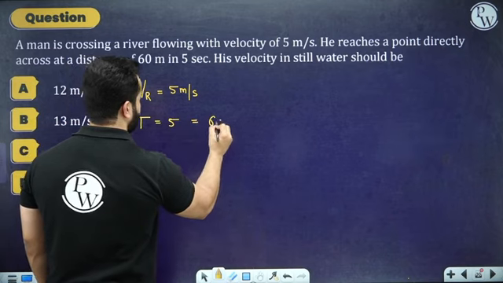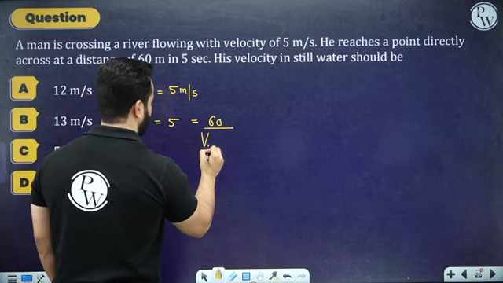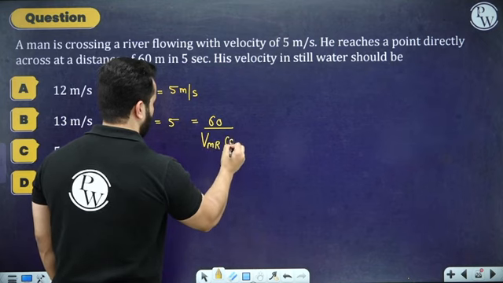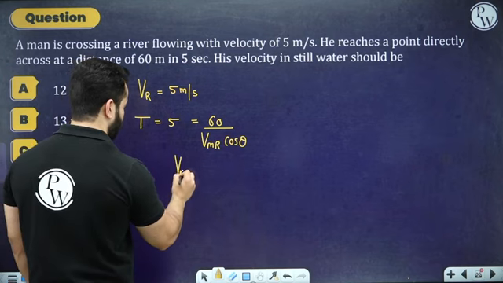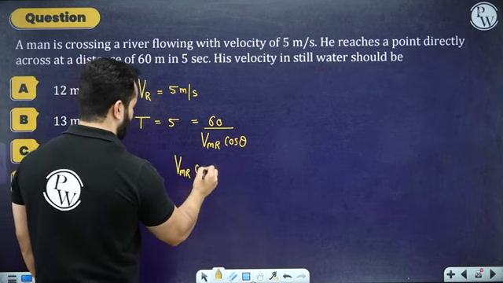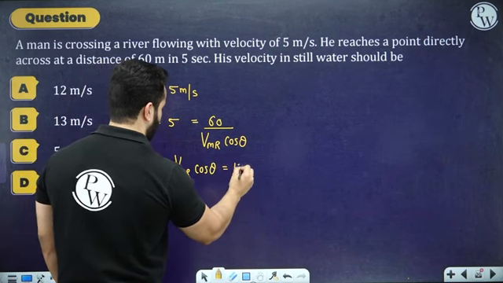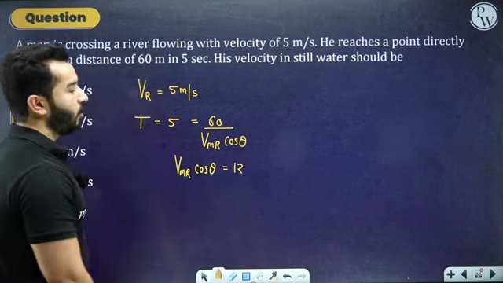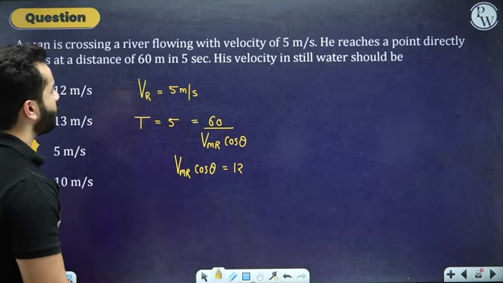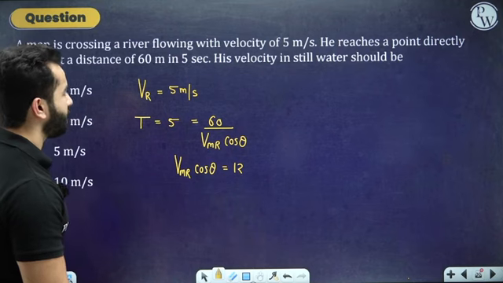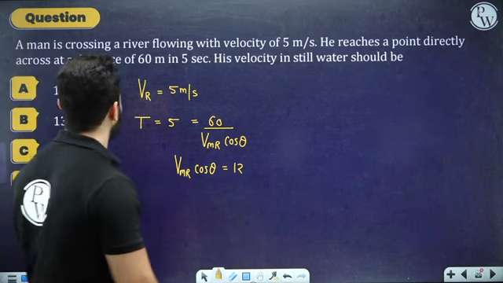And this is 60 meters divided by VMR cos theta, right? So VMR cos theta would mean 12. Also, one more thing. What else do we know? He reaches directly to that point, right?